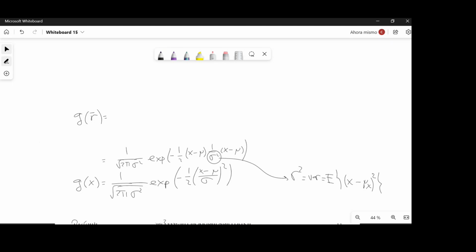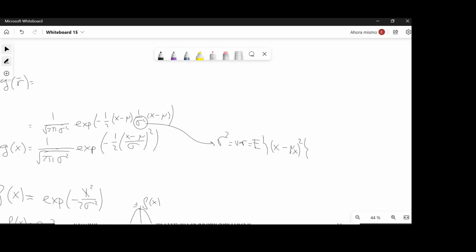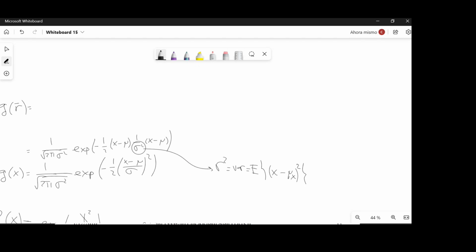The same way, you could define the covariance matrix. So if you have two variables, now I will draw the x, y subindexes. So I can define a matrix. This matrix will have the variance of x, the variance of y, and then the covariance of x and y.